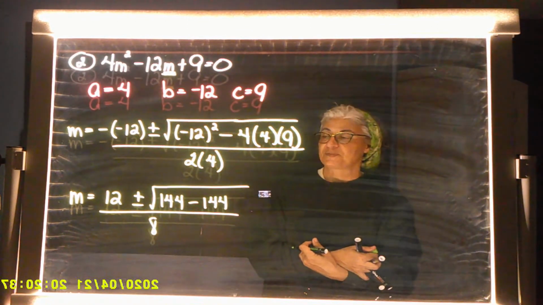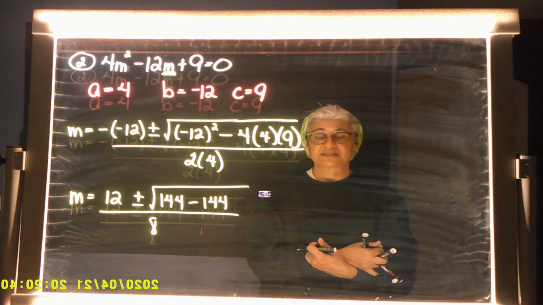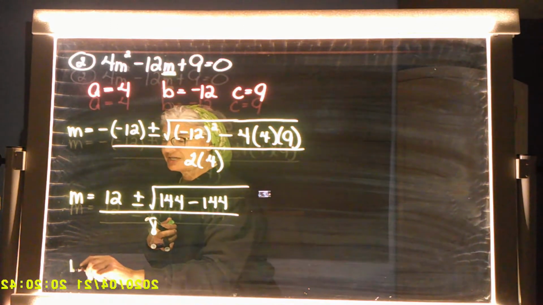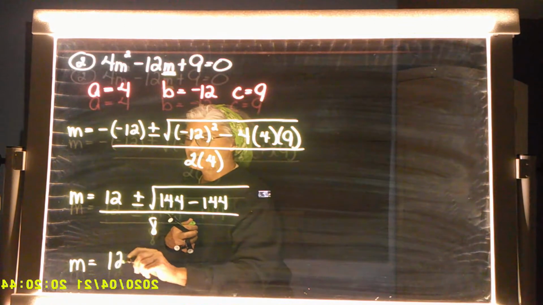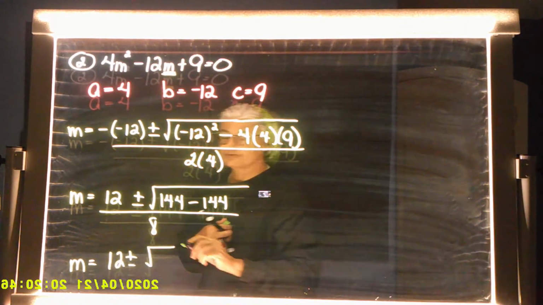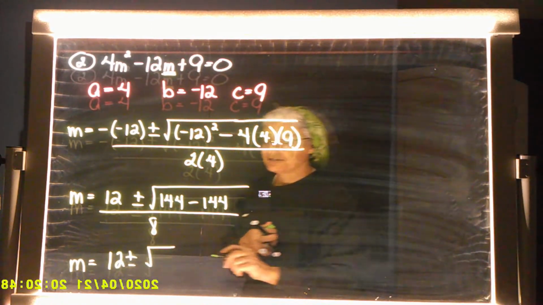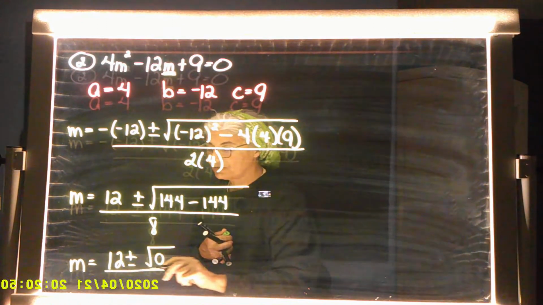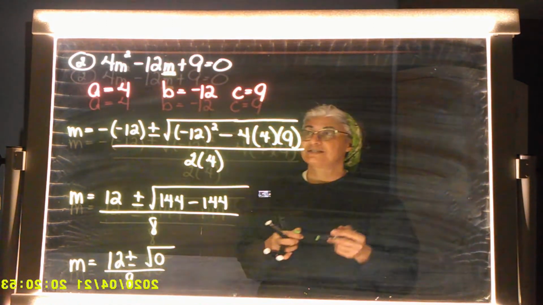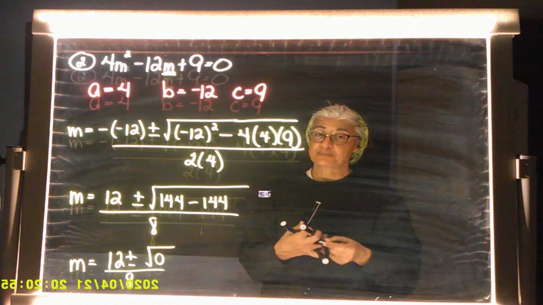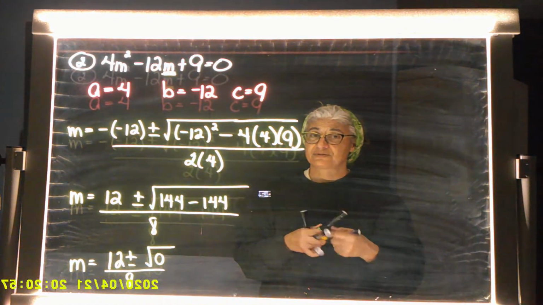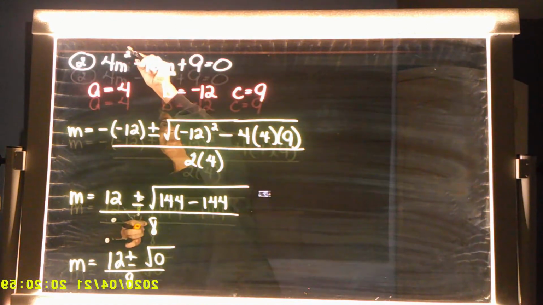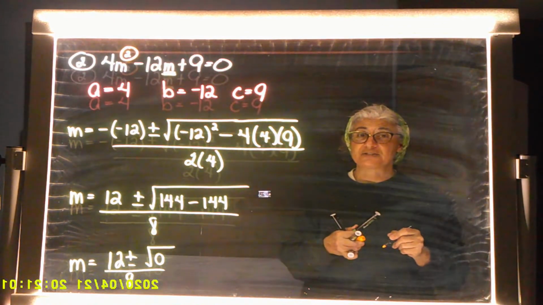Well, that square root's going to turn out to be pretty nice, isn't it? So I have M equals 12 plus or minus the square root of 0, all over 8. Now, you're still supposed to get 2 answers. With me? That square tells me I'm supposed to get 2 answers.